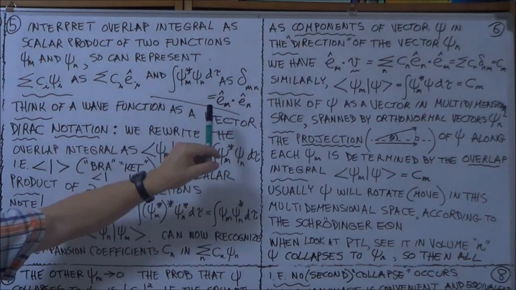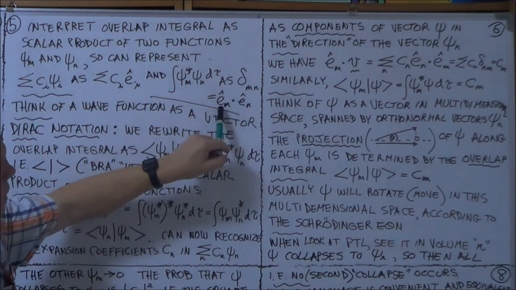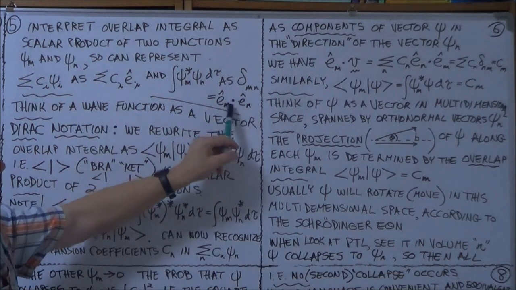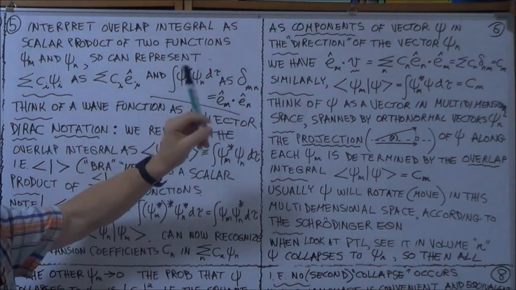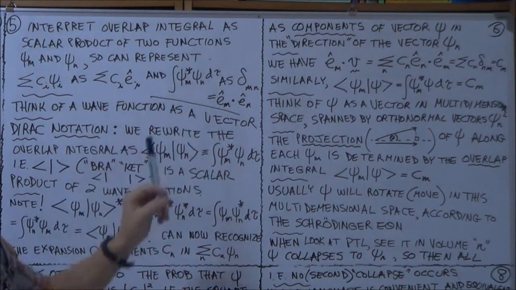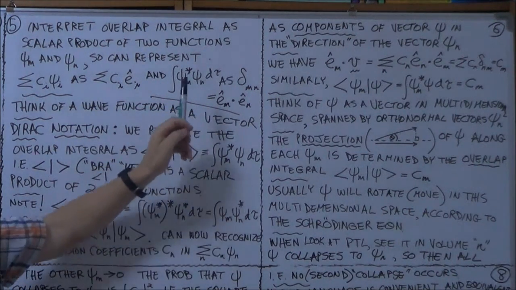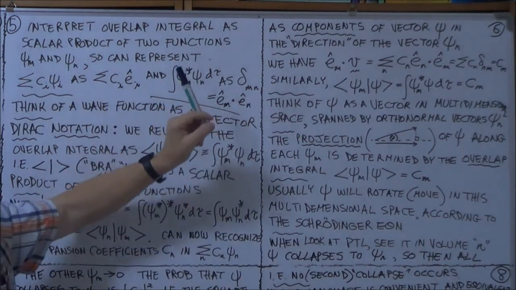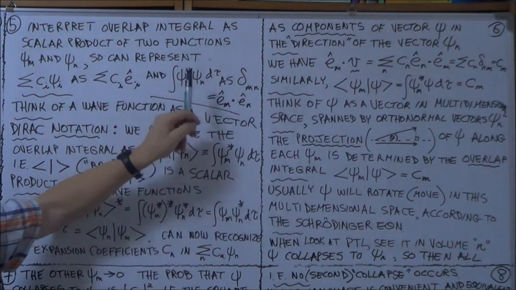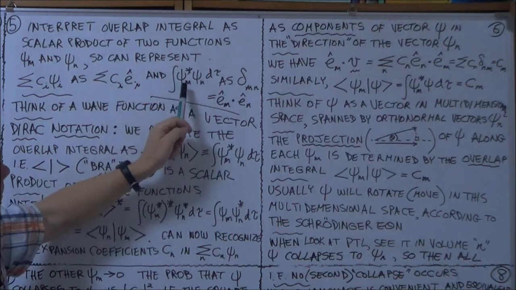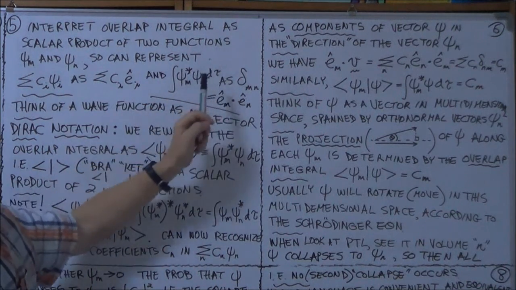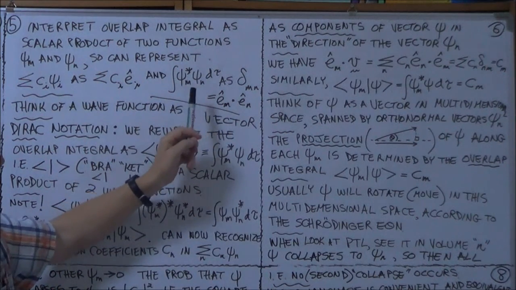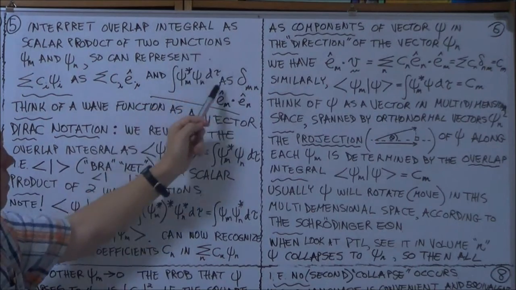Now, if m and n are the same, then this overlap integral is 1. The overlap is total, obviously.